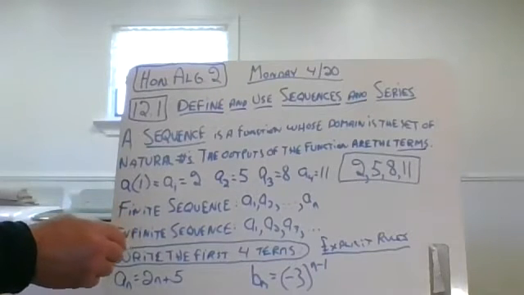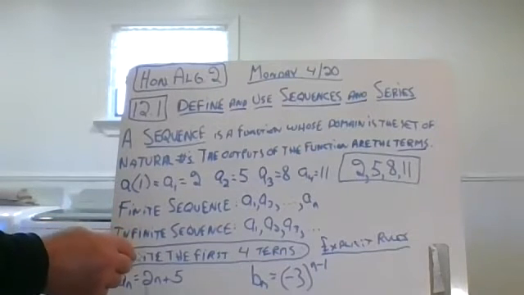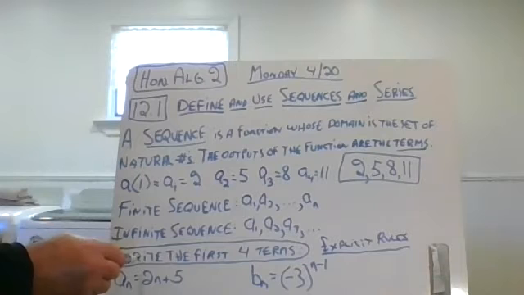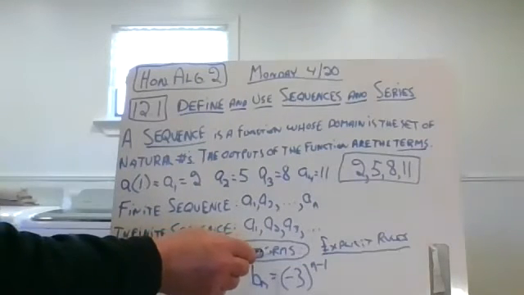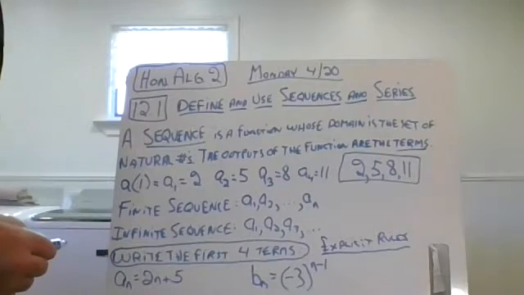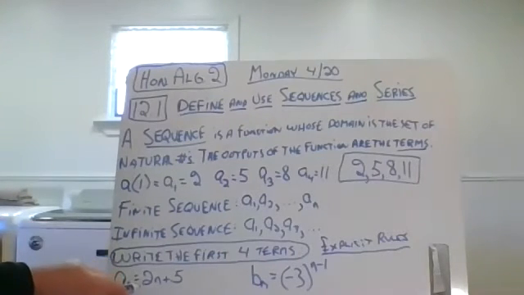Okay, so here we go. Here's the first type of problem you get with sequences. Write the first 4 terms of the sequence. So here you're given the term generator, the function, as a function of n. And you just want to write the first 4 terms.